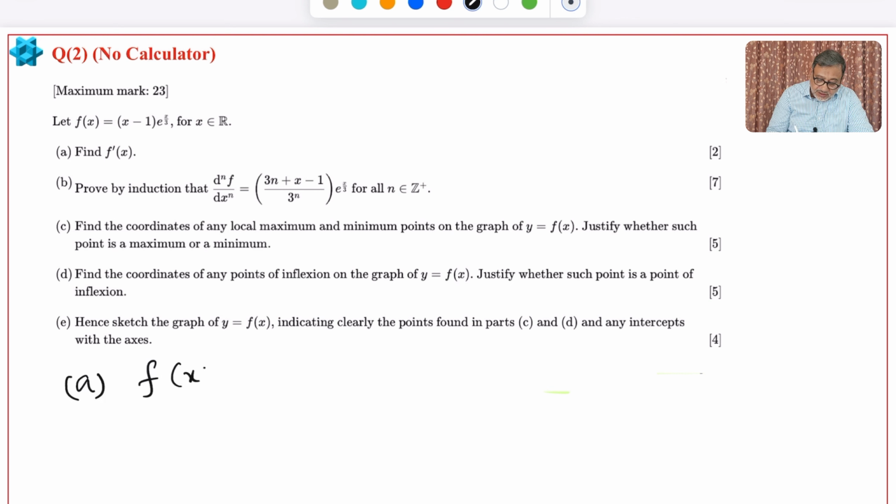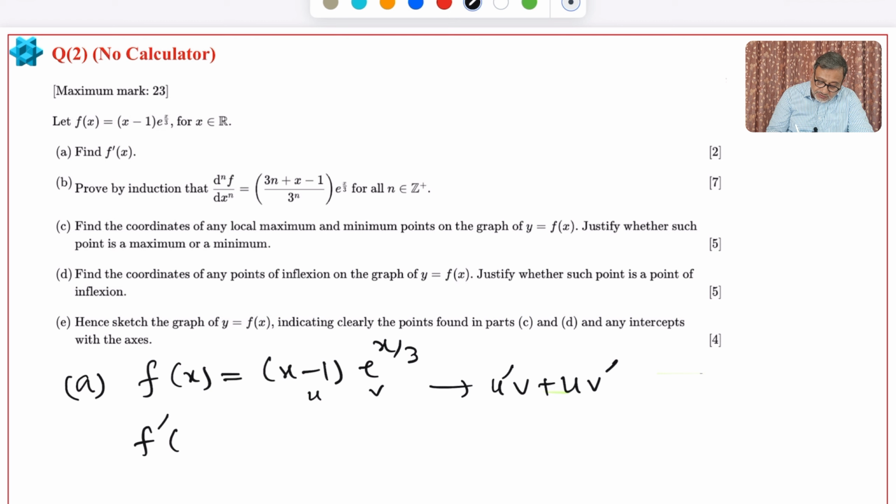F of x I will write first. So, I will use u and v, right? This is u, this is v. So, how do we write the product rule? u dash v plus u v dash, right?